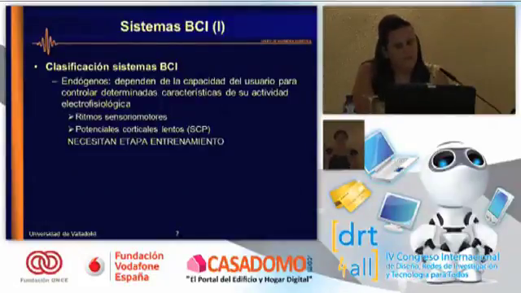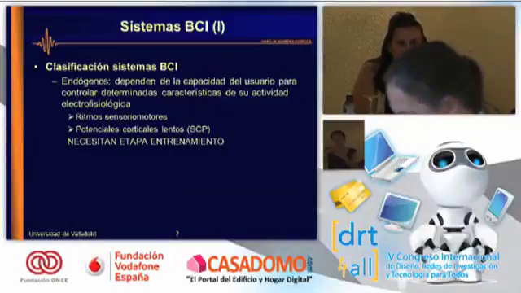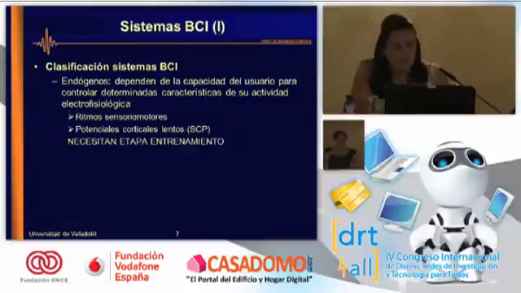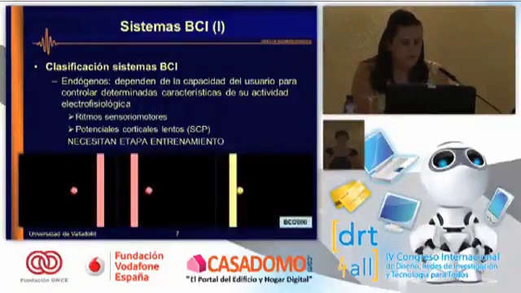As for brain-computer interface systems, I'm going to give you a brief classification. We can have endogenous or exogenous systems. The endogenous BCI depends on the user's ability to control a certain characteristic of the brain activity. These systems include BCI systems using sensorimotor rhythms, and the others are the slow cortical potentials, the SCPs.